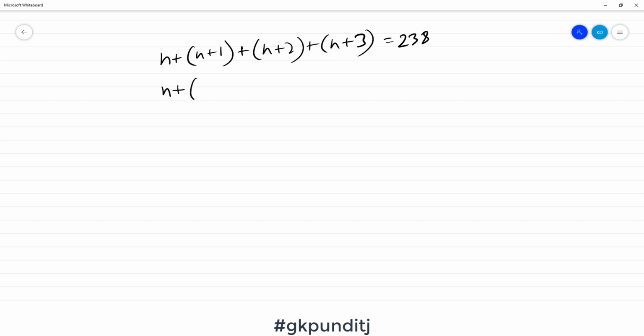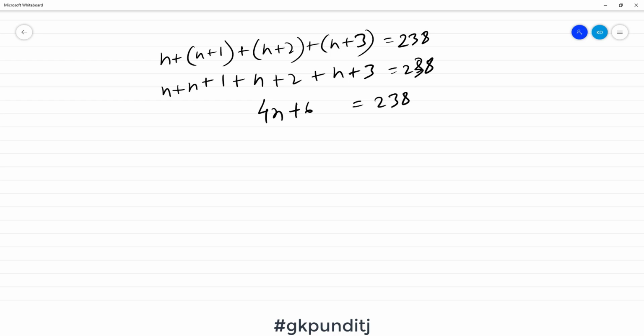Here, 4n plus 6 equals 238. On both sides, subtract 6.